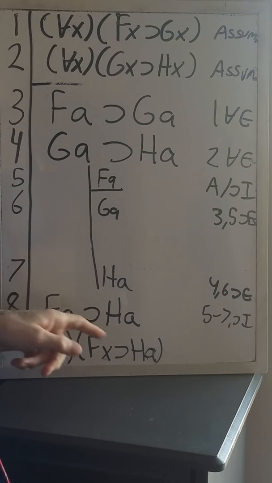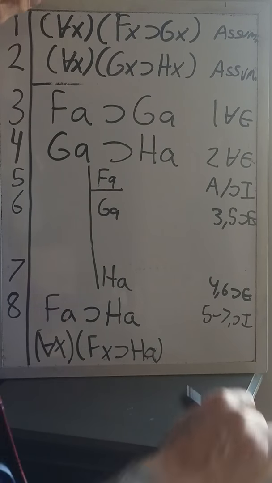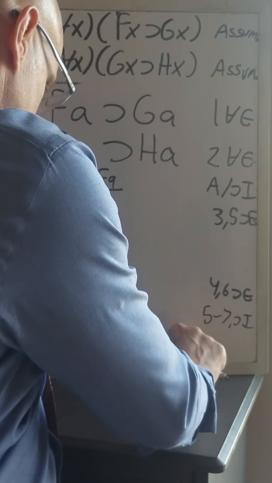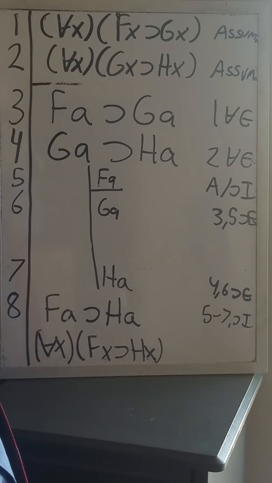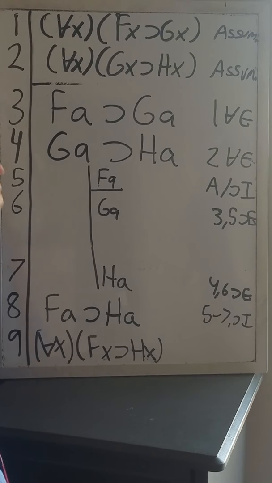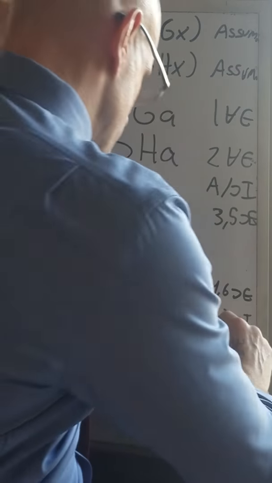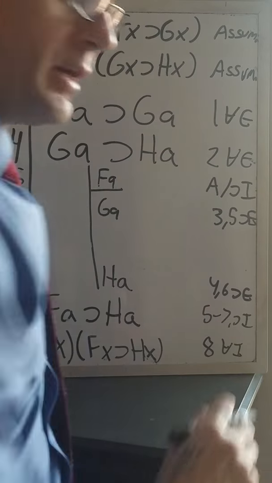If this A was somewhere in this sentence, that's not all right. Okay, so now we're going to go ahead and put the quantifier on. We get our conclusion by universal introduction on line 8. And we're done.